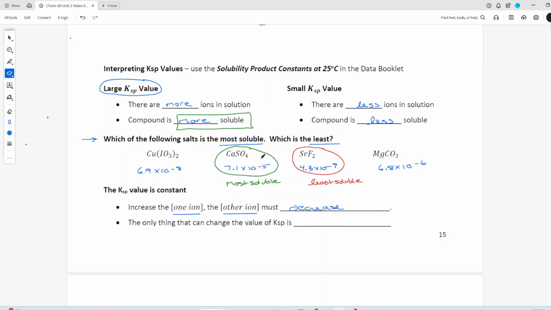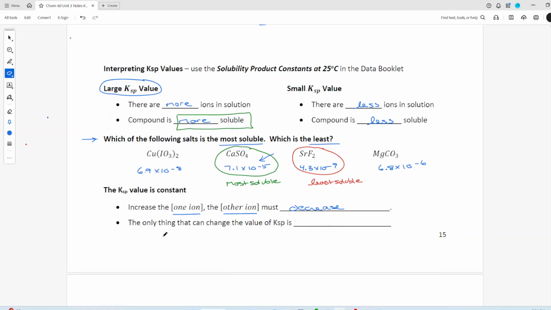For example, with calcium sulfate, the product of these ions always has to be 7.1 times 10 to the negative 5. So if I increase the concentration of calcium in your solution, then it could hold less sulfate, right? You'd have to decrease the concentration of the sulfate ion. It can only hold so much before it starts precipitating. Does that make sense? Hopefully.